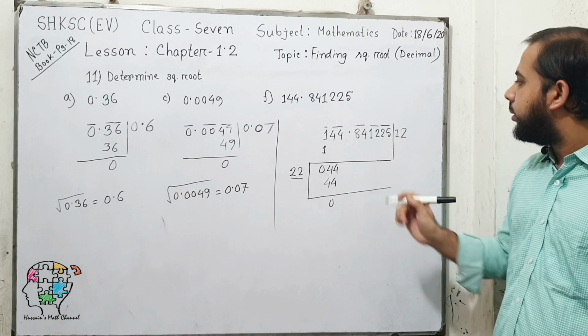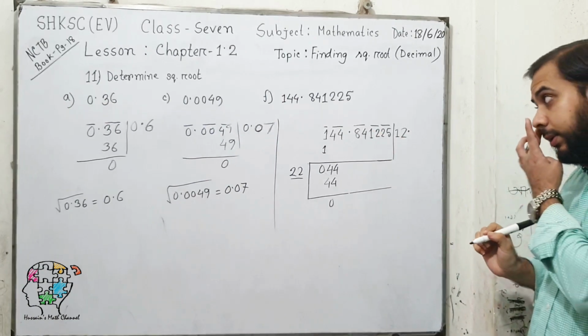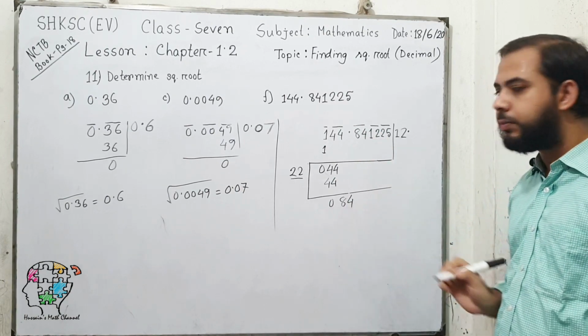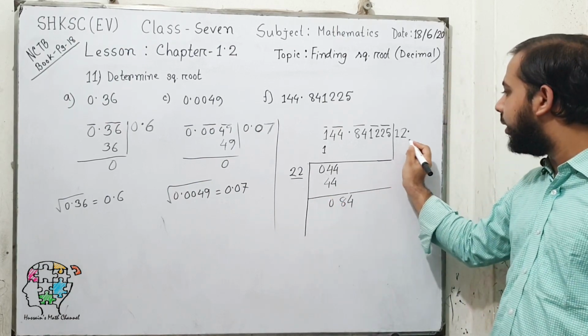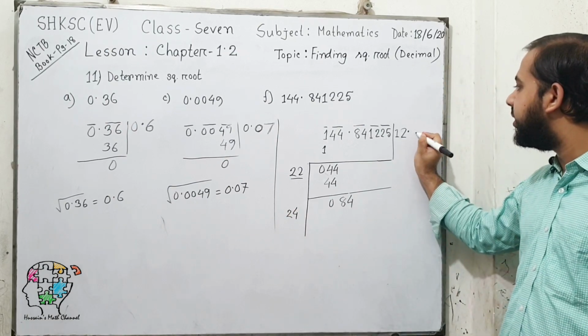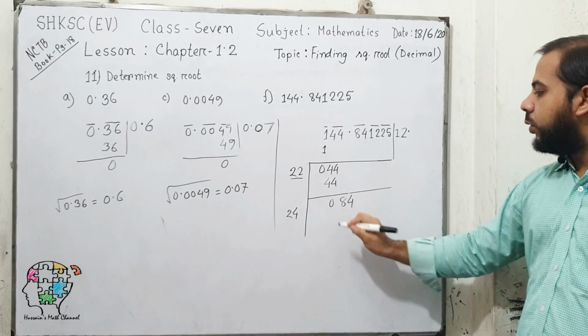Now see that there is a point, so we use a point here also, and now there is a pair called 84. All right. Now we must double this 12 as 24, and also we have to put a digit here, which should be multiplied and close to this one.